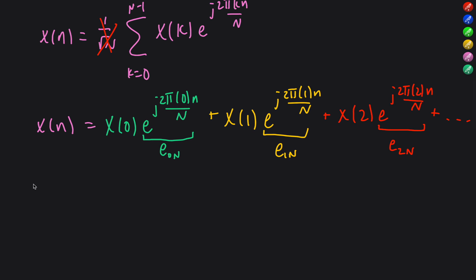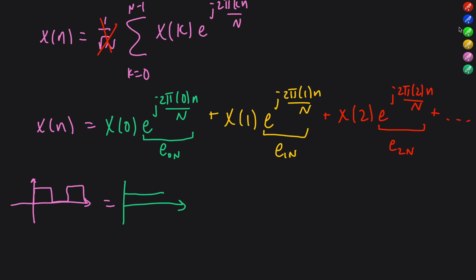In picture format, what we're saying here is that my signal in time, x of n, can be any periodic signal, technically. So I can have a square wave going on here. What this is saying is that I can somehow say that my square wave is equal to, well, what would this frequency of 0 be? That's a constant pulse.